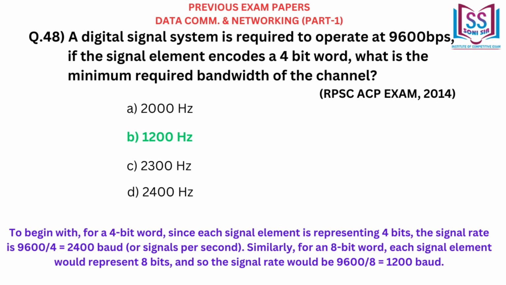To begin with, for a 4-bit word, since each signal element is representing 4 bits, the signal rate is 9600 upon 4 equals 2400 baud or signals per second. Similarly, for an 8-bit word, each signal element would represent 8 bits, and so the signal rate would be 9600 upon 8 equals 1200 baud.